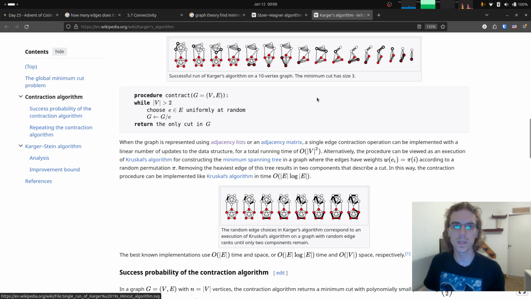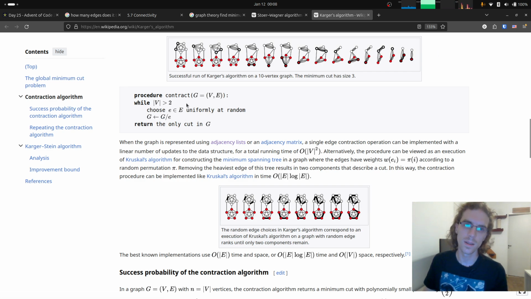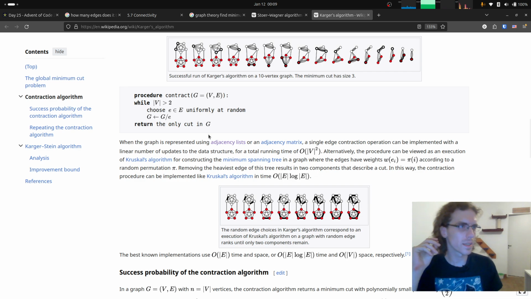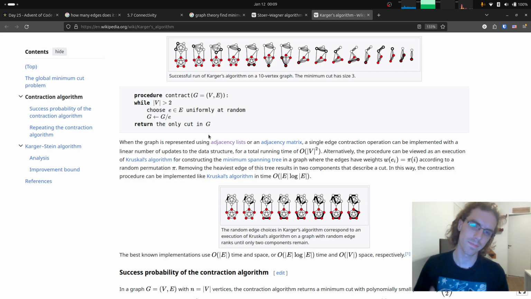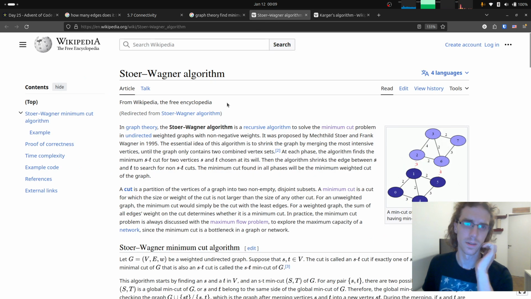We care about the edges, so in the contraction algorithm we will need to identify all the edges with some, well, that shouldn't be that complicated. We give an identifier to each edge, or an index in a vector or something, but still, I think it's not very ideal. So let's look at the other algorithm.